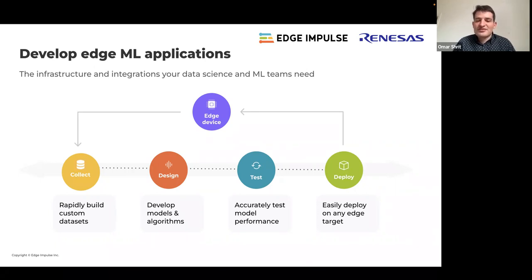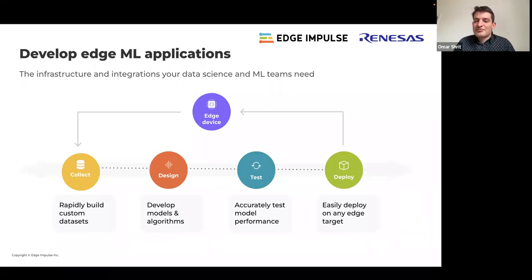Then we can design a machine learning model using the DSP part, and then ML embedded frameworks such as TensorFlow Lite, and you also have a very simple interface to work on it using Keras Python code.